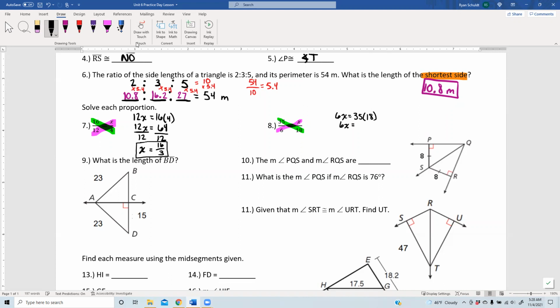That means 6x equals 630. Divide by 6, and we get x equals 105. There we go.